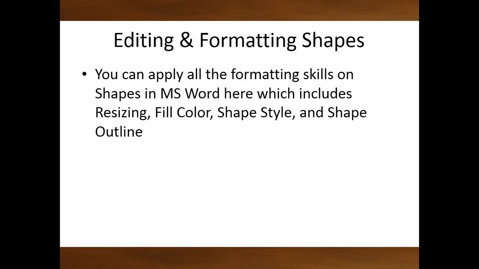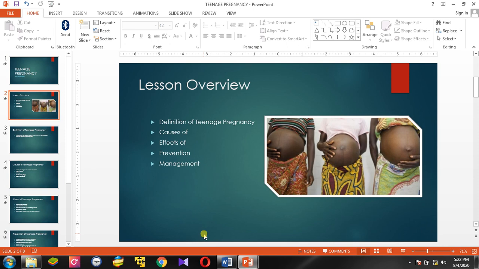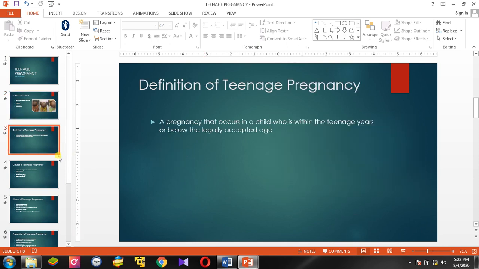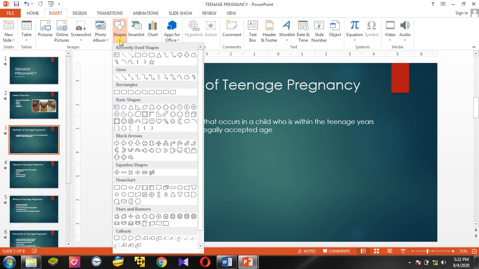Let us have a demonstration of this. So I want to add a shape to this point. So what I'll do is I'll click the Insert tab and then click the Shapes button, look through and then click the preferred shape that we want to insert.